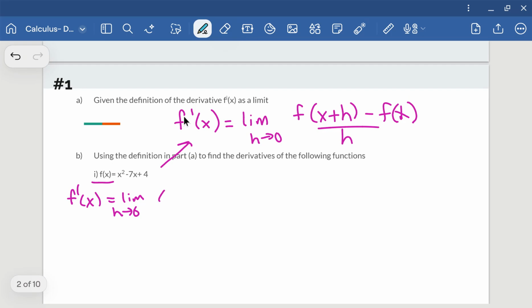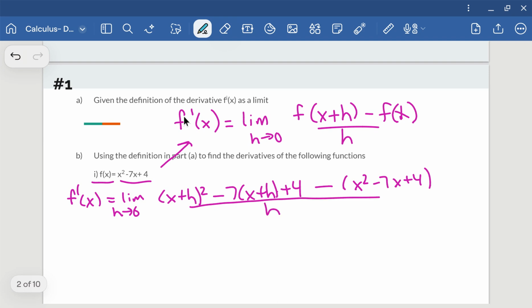So I'd have x plus h squared minus 7 times x plus h plus 4, and then subtract f of x, which is just that whole thing, so x squared minus 7x plus 4, and this is all over h.